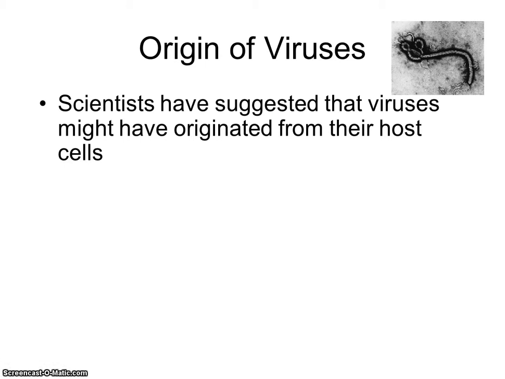Okay, so if we're going to say that viruses aren't living, then where do they come from? Well, here's some ideas on the origin of a virus. Some scientists suggest that a virus used to be a part of a living organism or originated within a living organism and found the ability to move between organisms and not necessarily die off because it's not living, but as long as it can come in contact and infect a living cell, then it can be transferred.